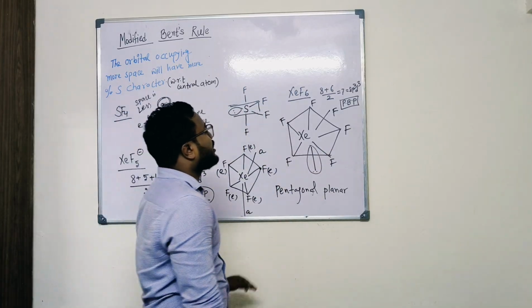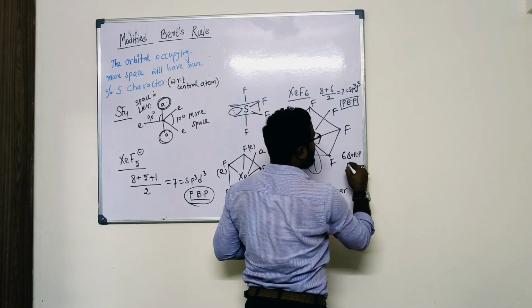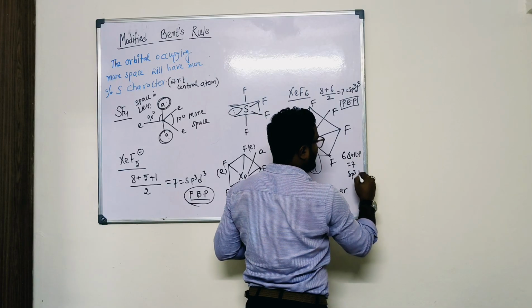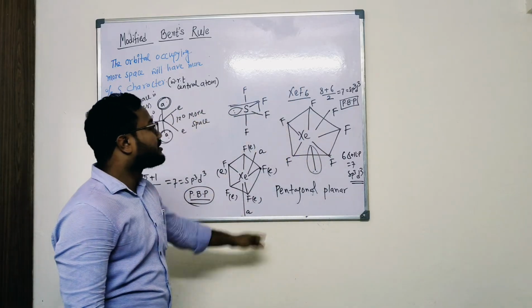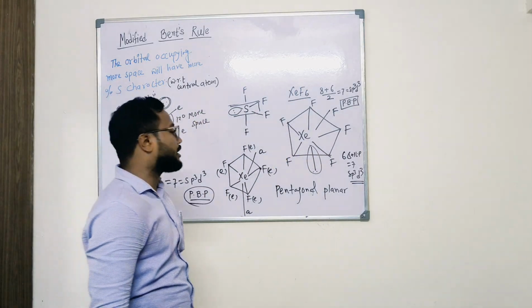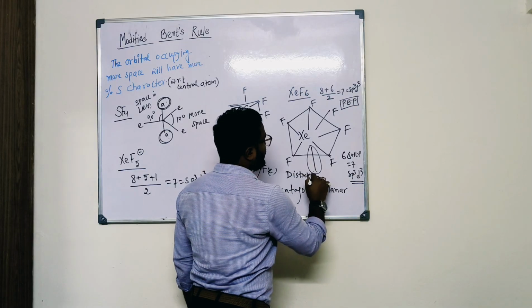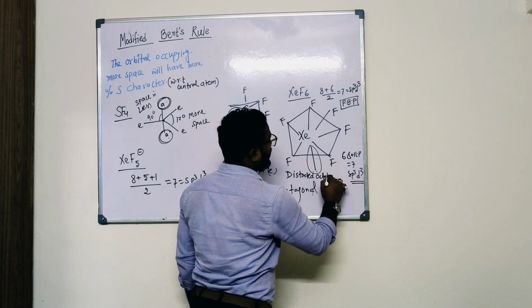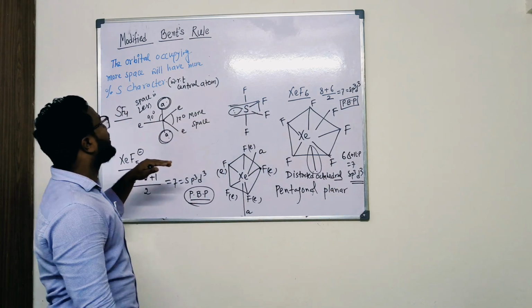You can check here, there are 6 sigma bond and 1 lone pair, so 7, sp3d3. This is another way to find out the hybridization. Shape is known as distorted octahedral.